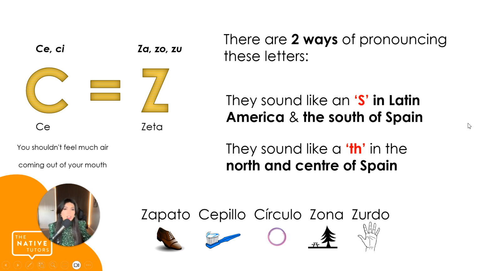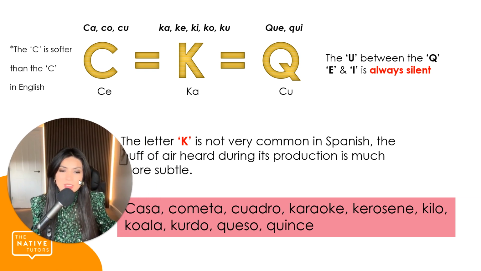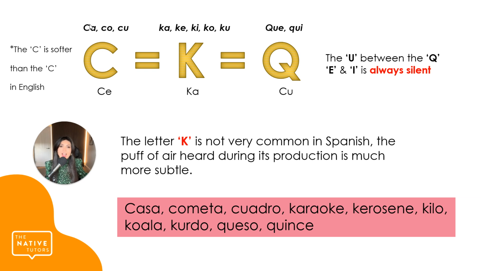Muy bien, so now you know there are two sounds, but it doesn't really end there. So what else happens? If you have a CA, CO, or CU, the sound will actually sound more like a K. So it wouldn't be sa, so, su, it would be ka, ko, ku.